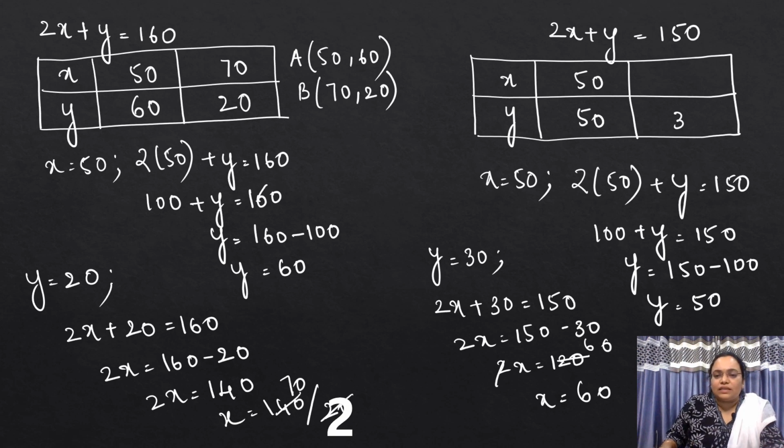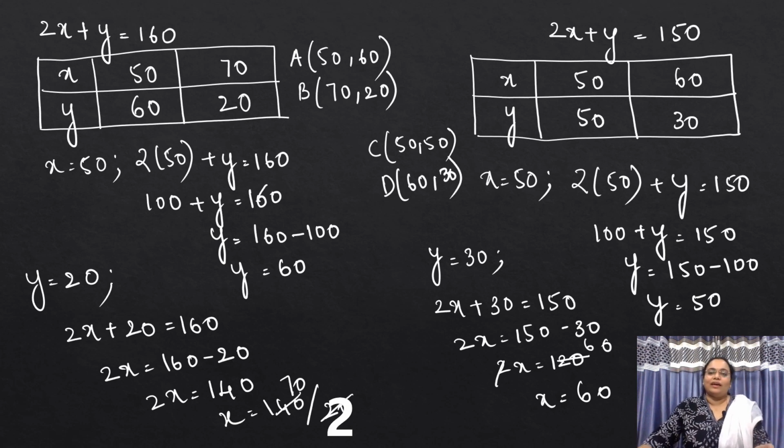So when y is equal to 30, you get x equal to 60. So what are the points? C of 50 and 50, D of 60 and 30.